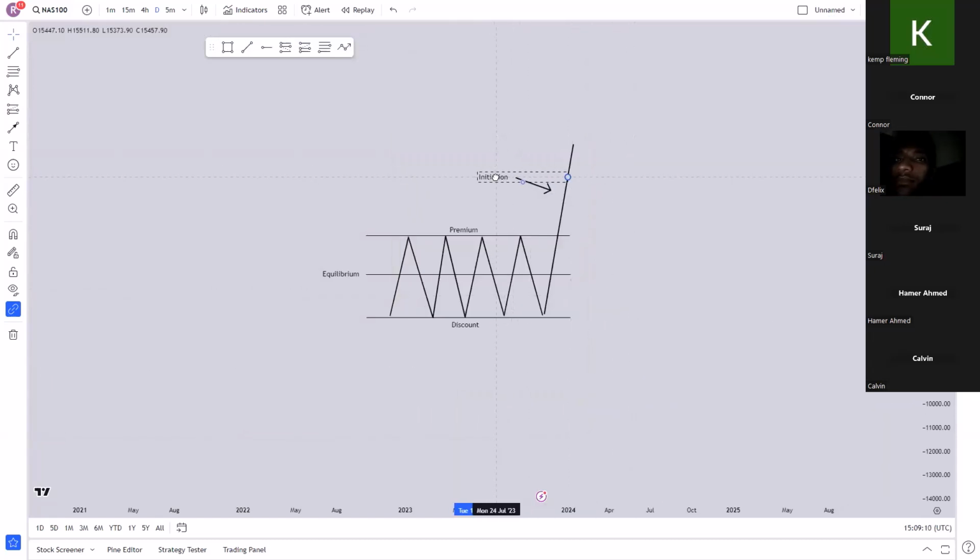Okay, so after the initiation, what are we looking for? We're looking for the mitigation. So does anybody know what would happen after this? Perfect. We would see a retracement back into our demand zone.